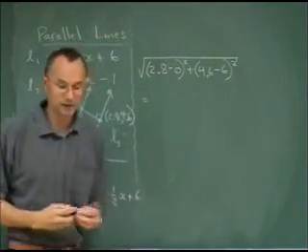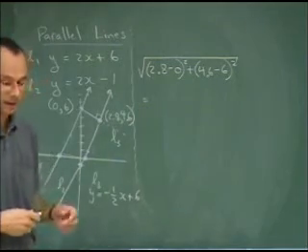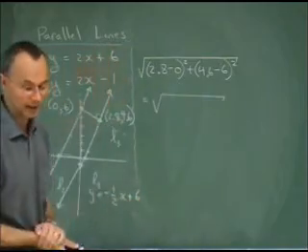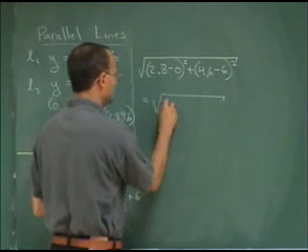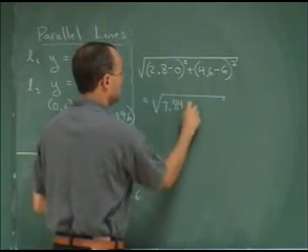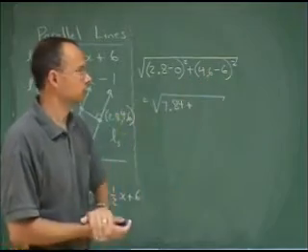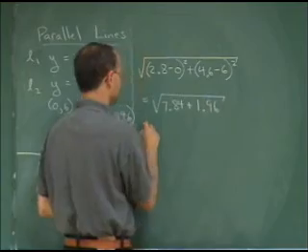Now, you could work this out bit by bit. You're going to end up with 2.8 squared, which is 7.84, plus negative 1.4 squared, and so that's 1.96.